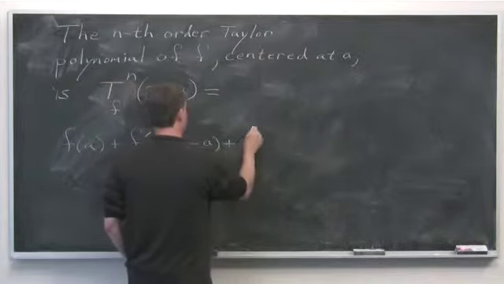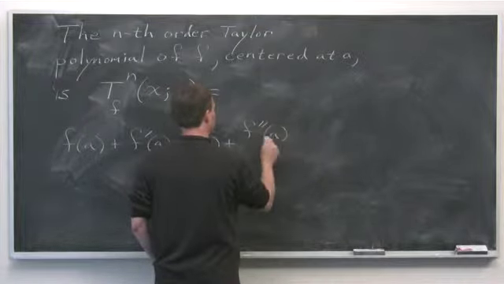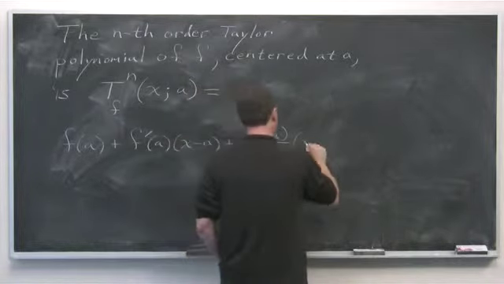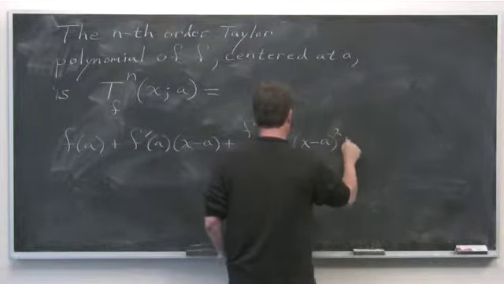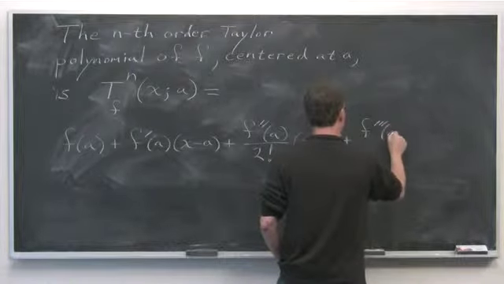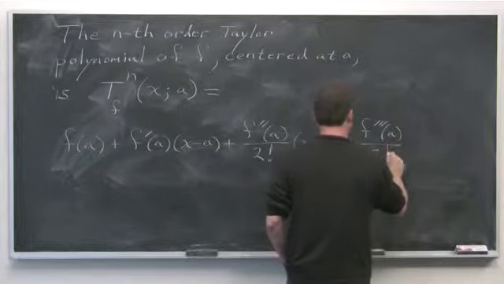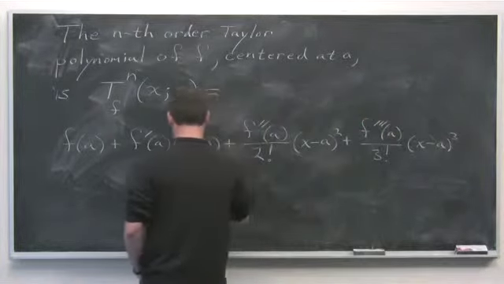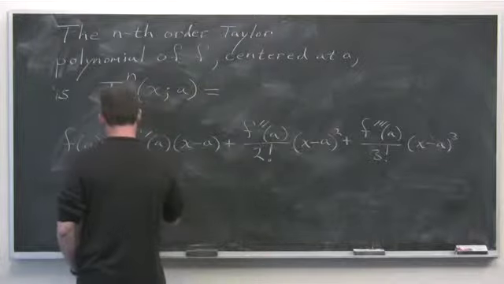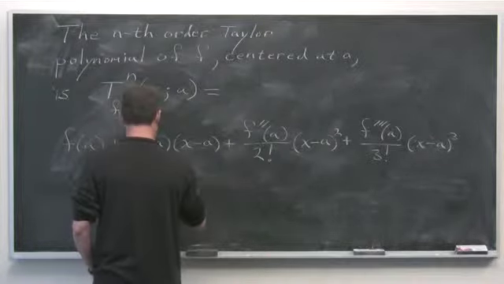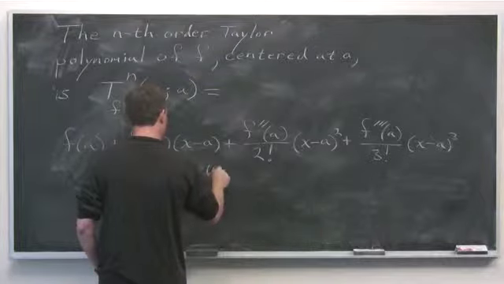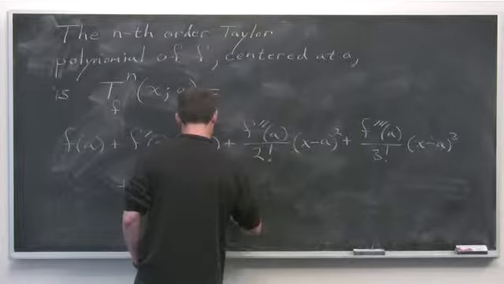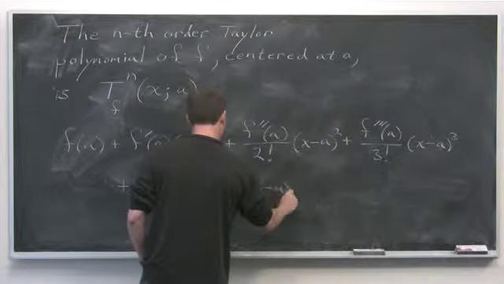And then you get f double prime of a over 2, but that's 2 factorial, and it's nice to start showing that pattern, times x minus a squared, plus f triple prime at a over 3 factorial times x minus a cubed plus, and this goes on, plus dot, dot, dot. You would go out to the nth derivative of f at a over n factorial times x minus a to the n.